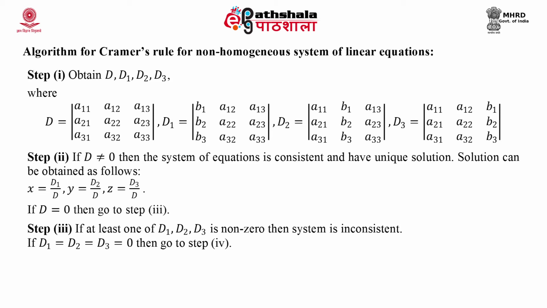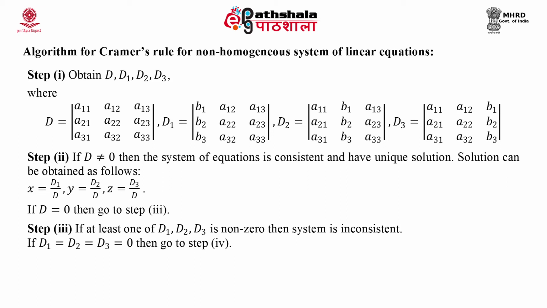Now, the second step is, if D is non-zero, then the system of equations is consistent and has a unique solution. Then the solution is obtained by this expression, x is equal to D1 by D, y is equal to D2 by D, and z is equal to D3 by D. Now, here D is non-zero, so we can divide D1 by D, D2 by D and D3 by D. So, in this case we can obtain a unique solution.